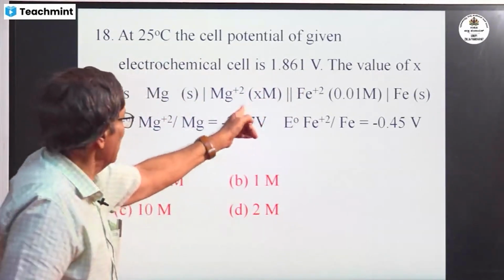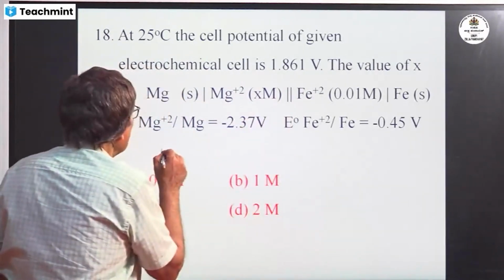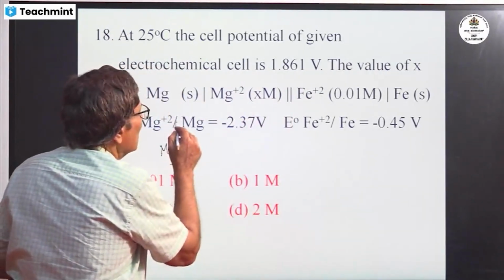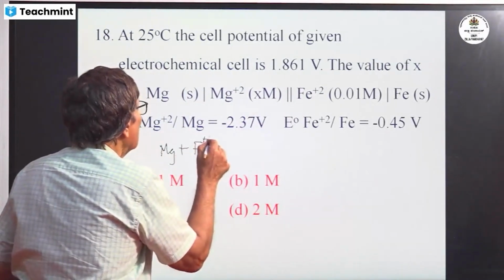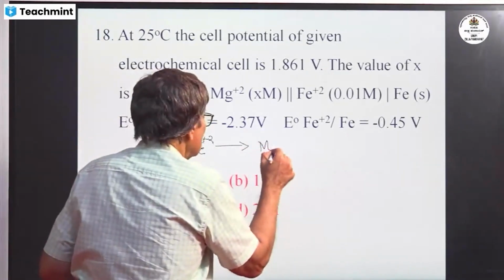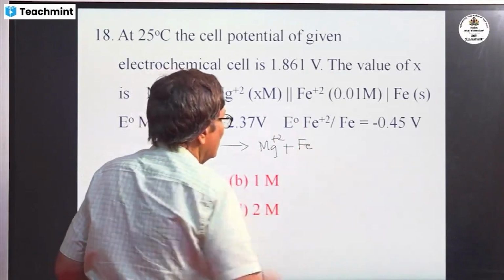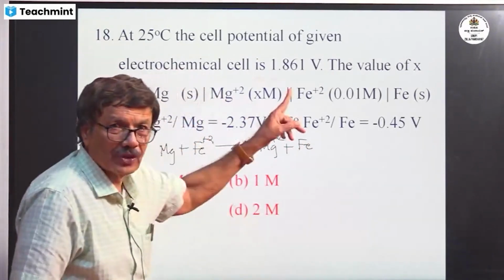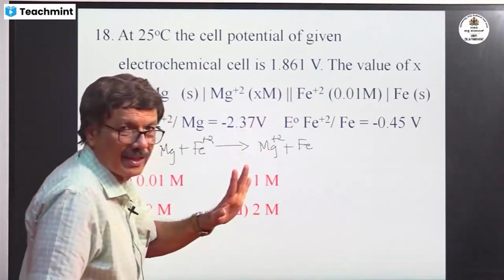Again, let me write the reaction here. So this is the cell. Reaction is 1, plus 3 gives 2 plus... right now, 1 3 2 4, that formula 1 3 2 4, right?